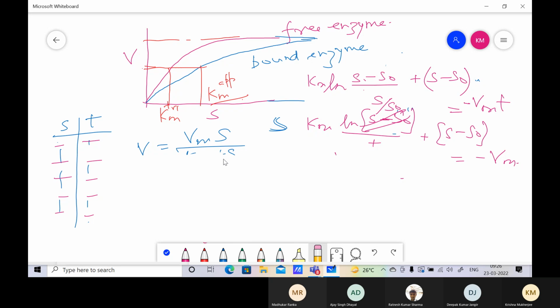So we plot ln, and I will take the inverse of this, S naught by S by t, and this is also by t here, versus S naught minus S by t.